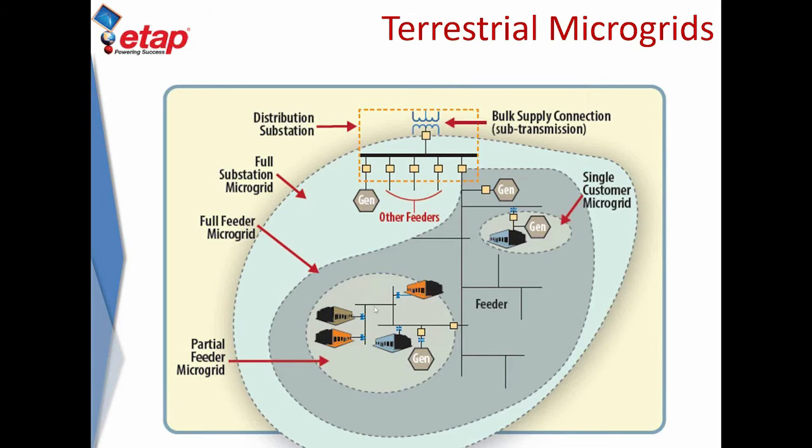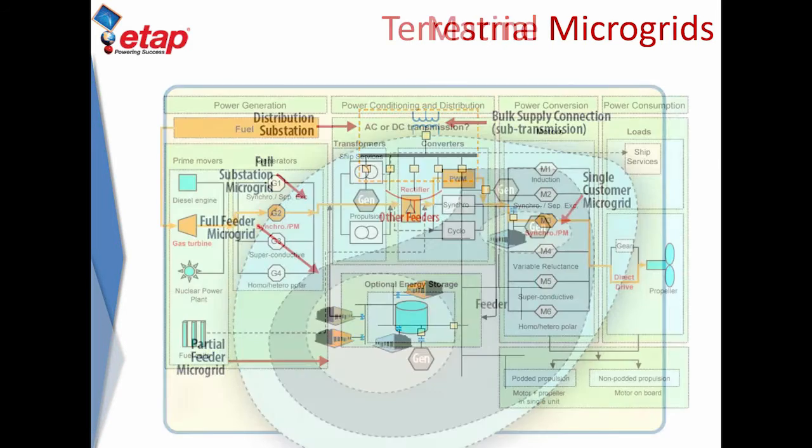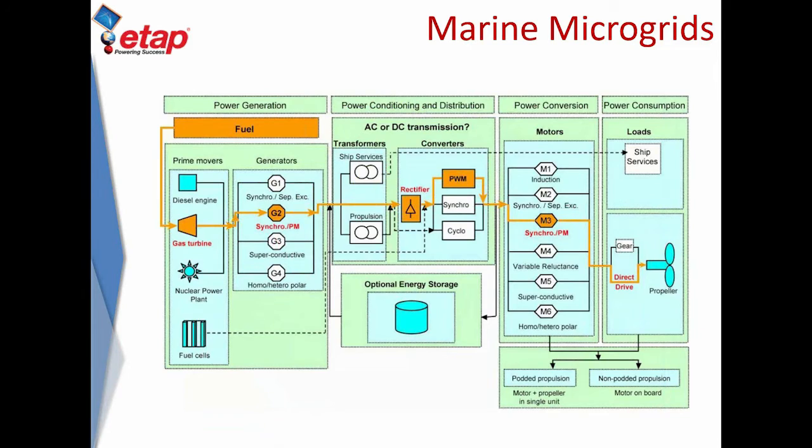Then you can essentially have cases within these microgrids where they can actually fracture and become nanogrids. But the basic definition that we'll be using through this presentation is any system that can be operated grid connected or be operated in an islanded fashion. Another example of a microgrid could be a marine microgrid system where you essentially have a ship system with its own power source.